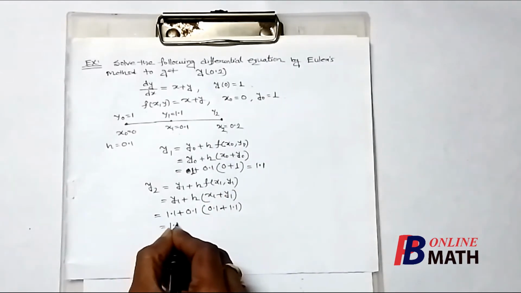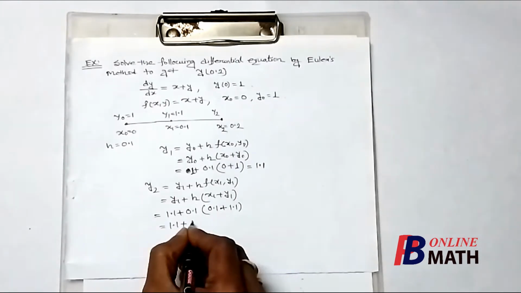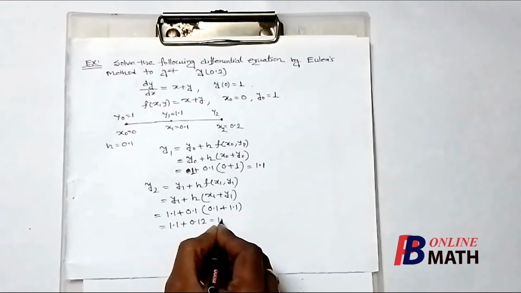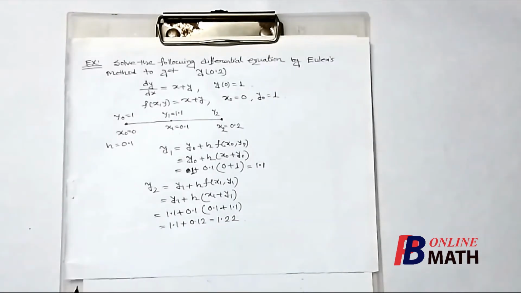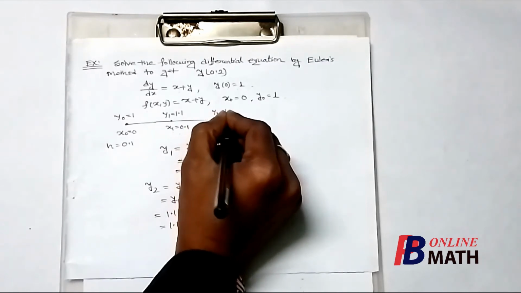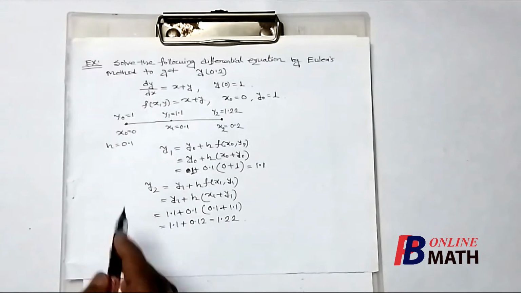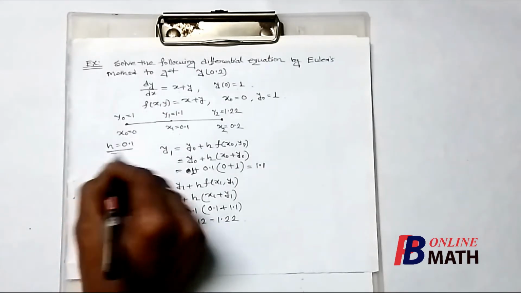So this is 1.1 plus 0.1 into 1.2. So 0.12, that is 1.22. So this is the value of y2. So we have obtained y2 equal to 1.22. So we have obtained this data by assuming h equal to 0.1.